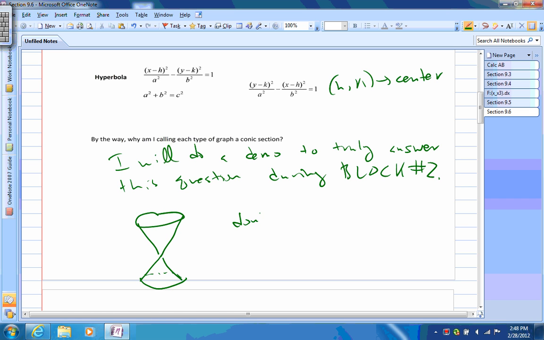This right here is called a double napped cone.